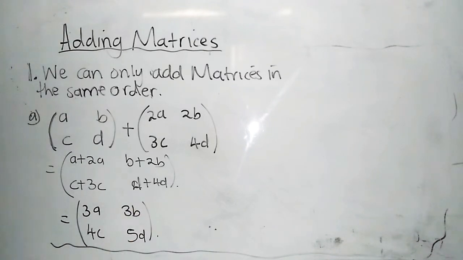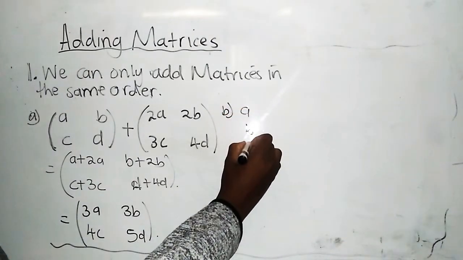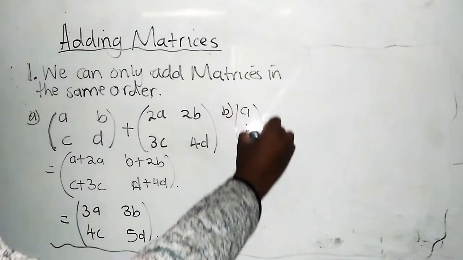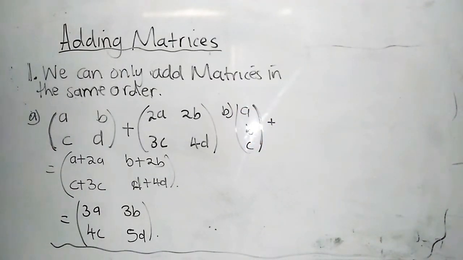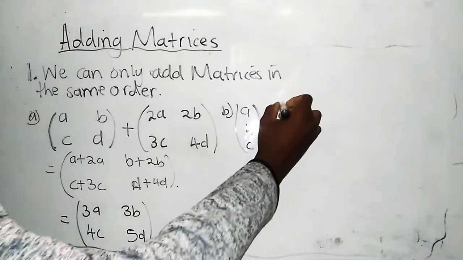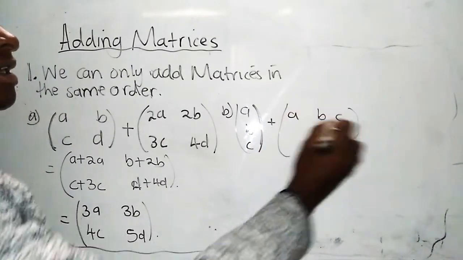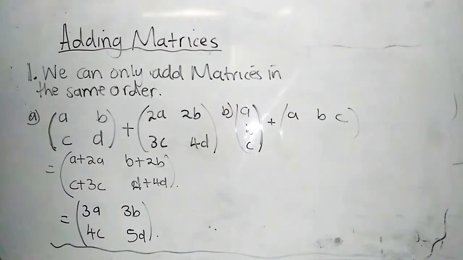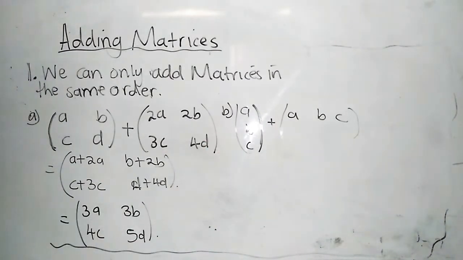But then if a question comes in this form, and say it's A, B, C plus A, B, C in that form. Okay. This is a column matrix and that's a row matrix.